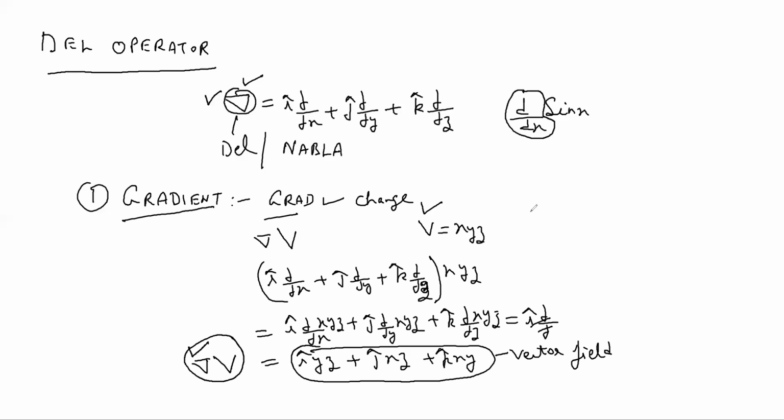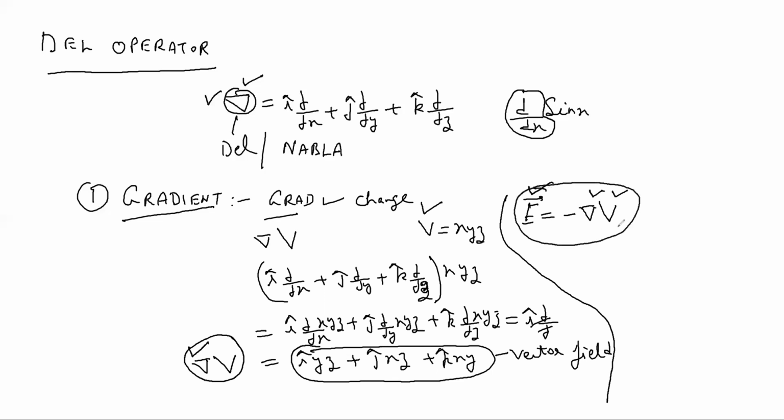There is a special example of this that you must have done earlier: electric field is equal to minus del V. That is, when del is operated upon a potential, and potential is a scalar, we will get an electric field. This is an example of gradient.